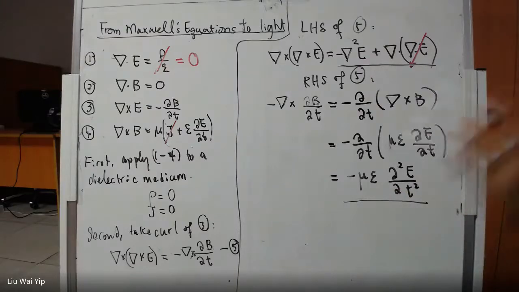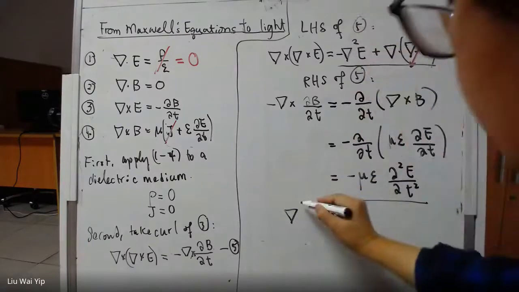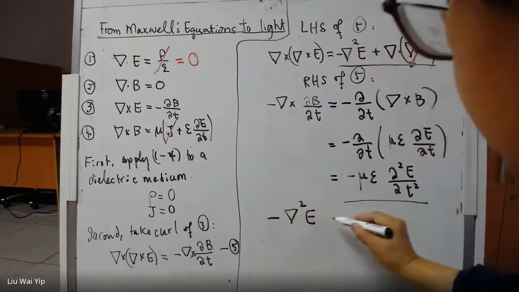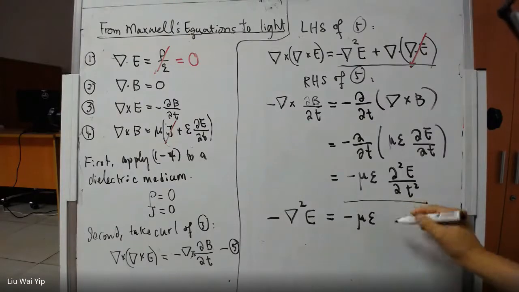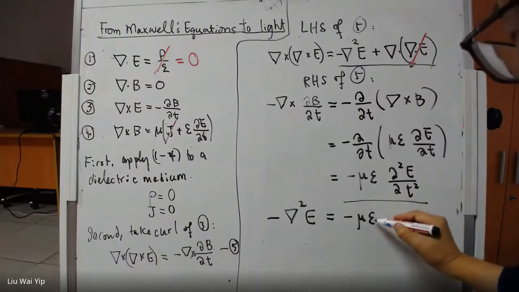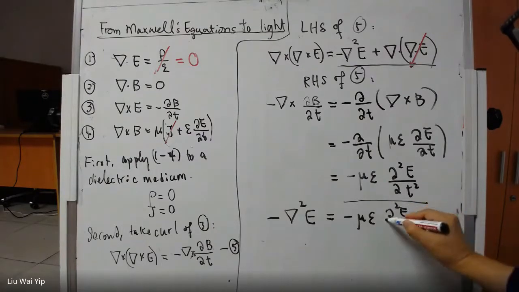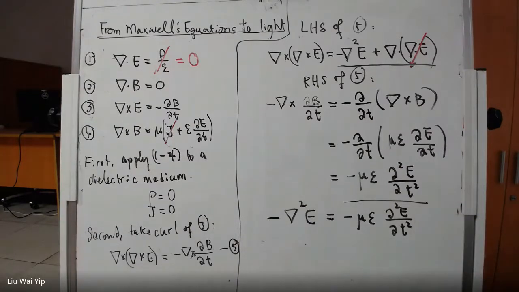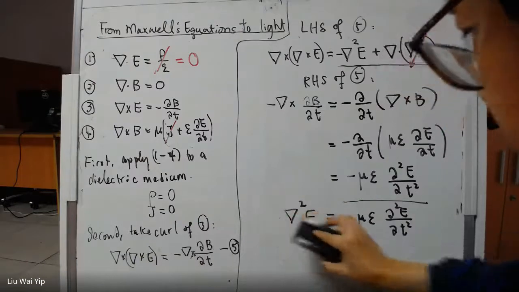So we have Laplacian of the electric field being equal to minus mu epsilon times the second time derivative of the electric field, sorry. We have the minus sign on both sides of the equation, so we can just remove it.